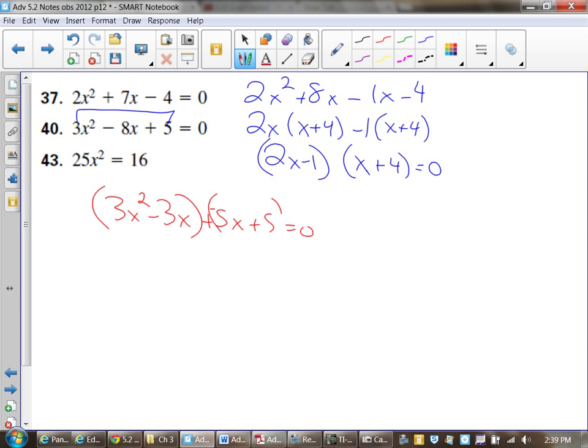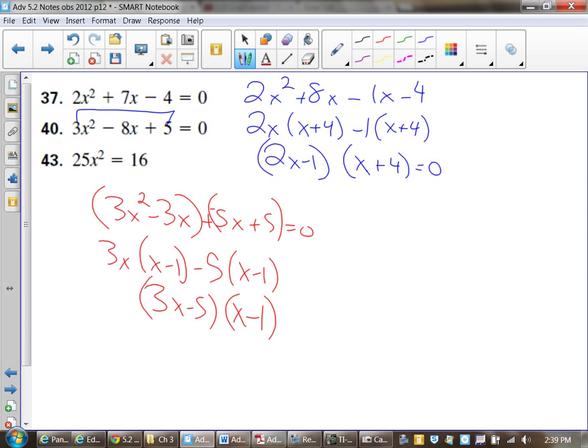Nope. Remember, if your third term is negative, make sure you do that same change opposite so you don't forget to take the negative out. You get zeros of 5/3 and 1.